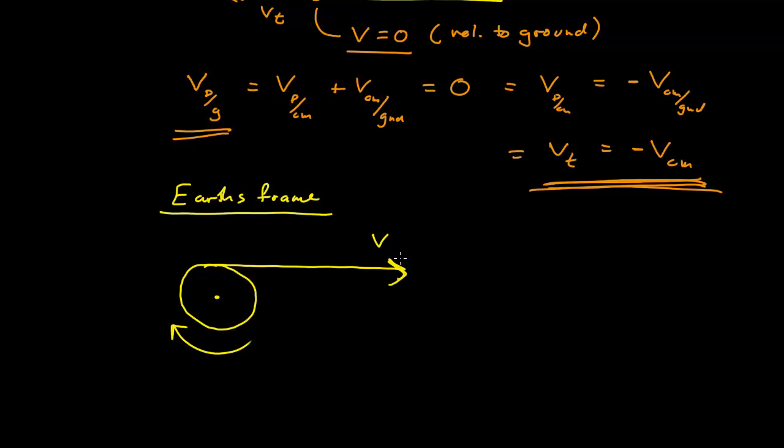The linear velocity of this string, which is not the center of mass anymore, but the linear velocity of what I'm pulling, I'll just call that v. So that v is also equal to the magnitude of the tangential velocity of a point on the cylinder or sphere itself, assuming, again, that there's no slipping.